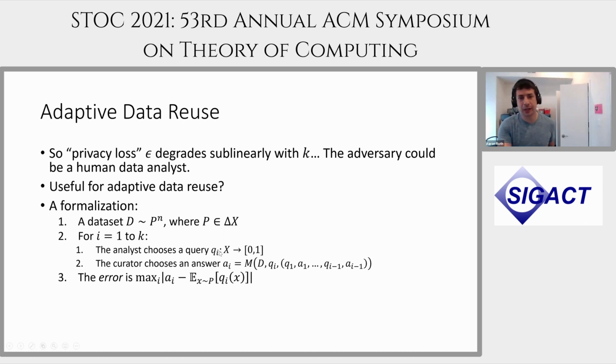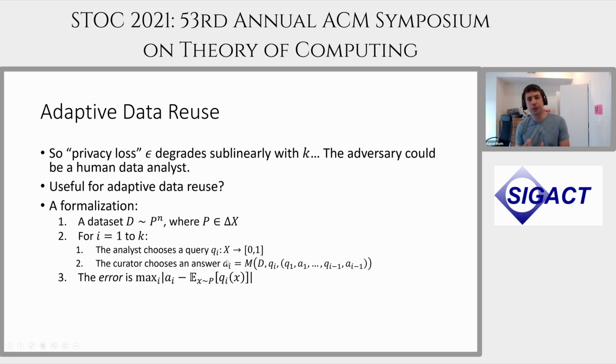The semantics of a query, which is just some function that evaluates to some number between 0 and 1 on each data point, is just what is the expected value of this predicate on the data distribution. And the curator gets to look at this query, gets to look at the data set that was initially sampled from this distribution and potentially the whole history, and propose some answer.